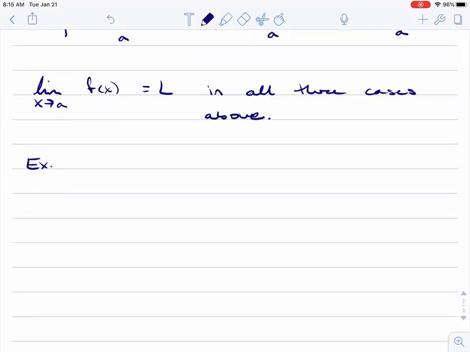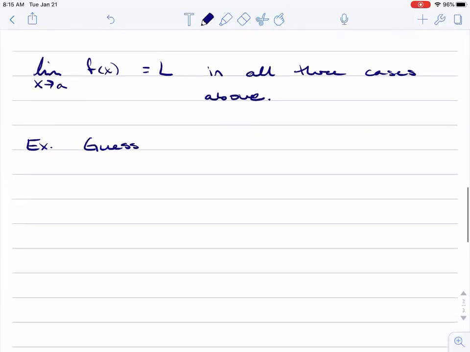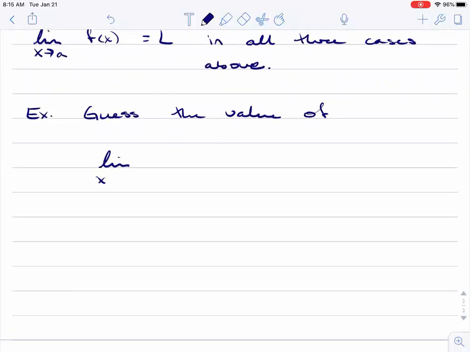So we'll do an example. What if we have to guess the value of the limit as x approaches 1 of (x minus 1) over (x squared minus 1)? This is going to be one of those situations where, if we plug in 1, we get 1 minus 1, which is 0. But then 1 squared minus 1 is also 0, which means we're dividing by 0, which is not allowed.